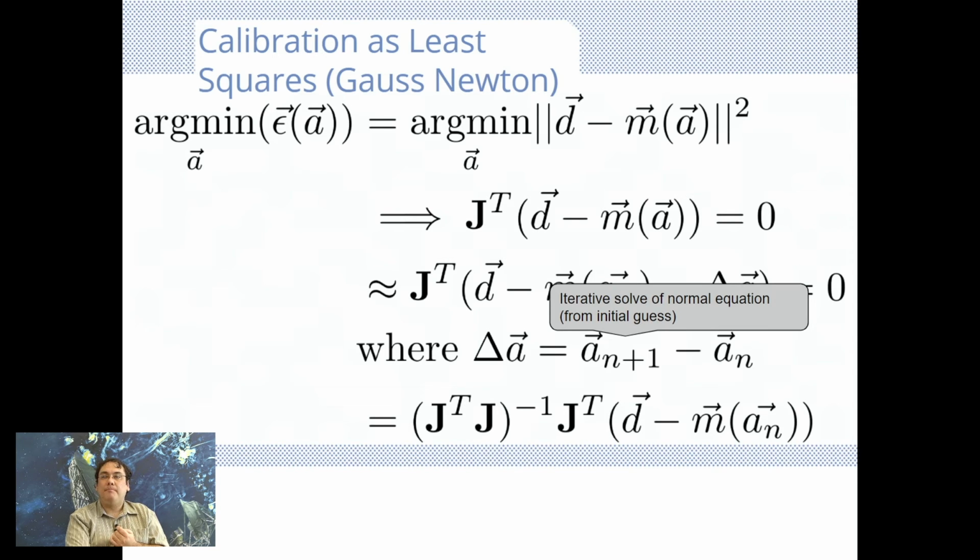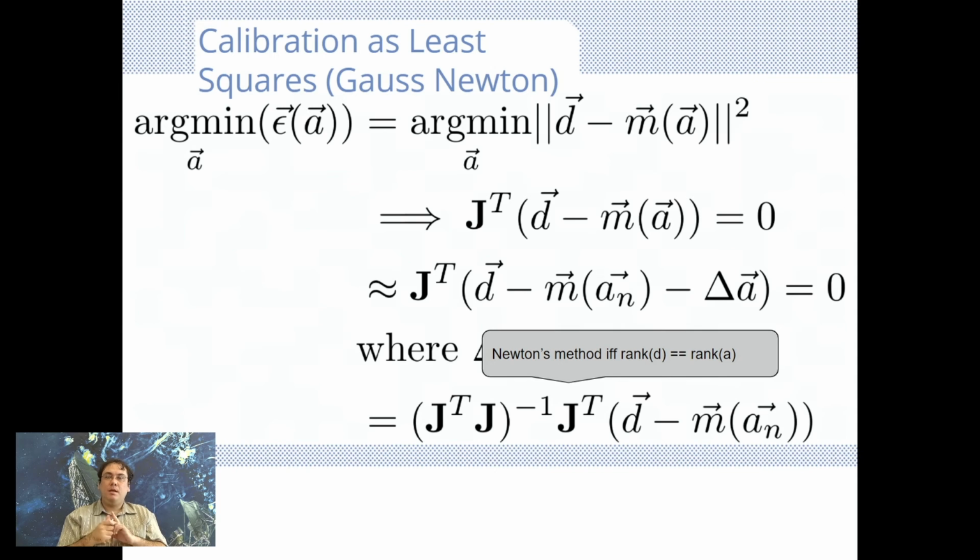The gain vector is then updated repetitively from an initial starting guess, which can just be a randomly initialized vector.